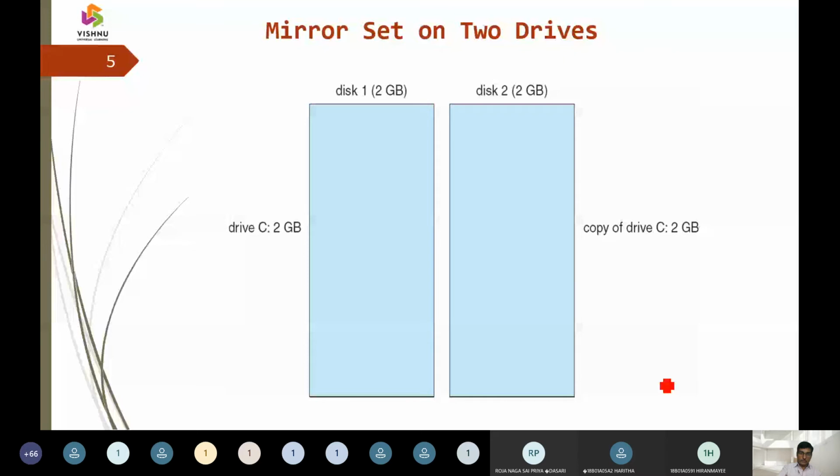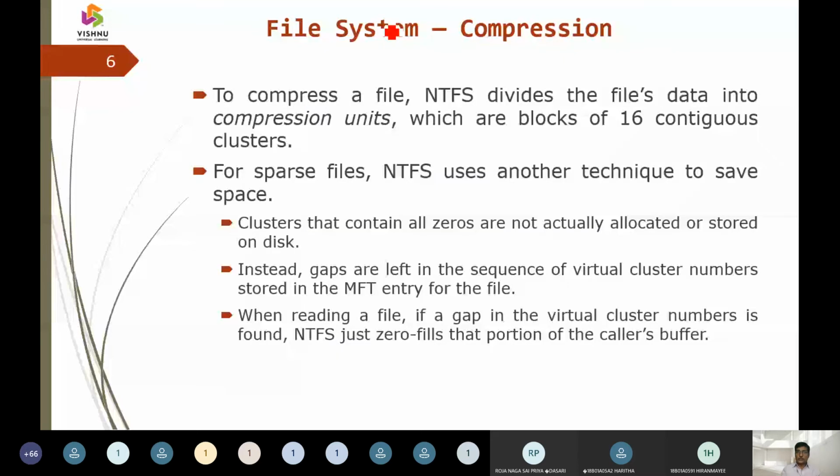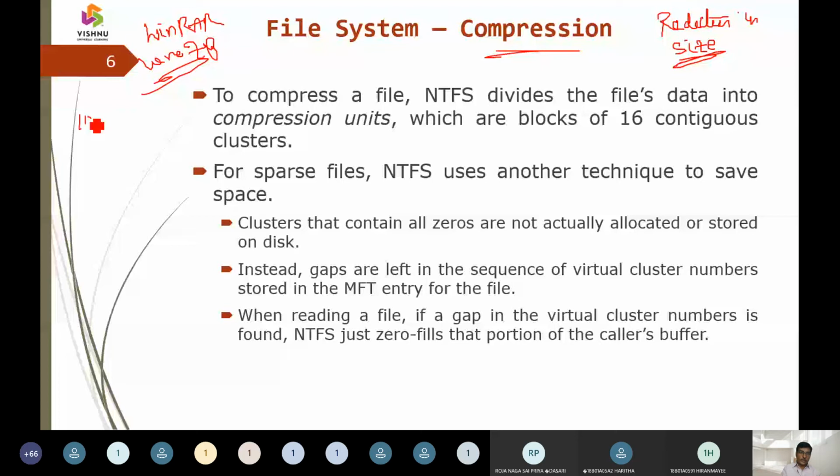And next, we are going to have compression. Compression is nothing but a reduction in size. How do I compress? Some examples you know are WinRAR and WinZip. If I have 100 MB of data and I compress it, it goes to 75 MB of data, so 25% is compressed.